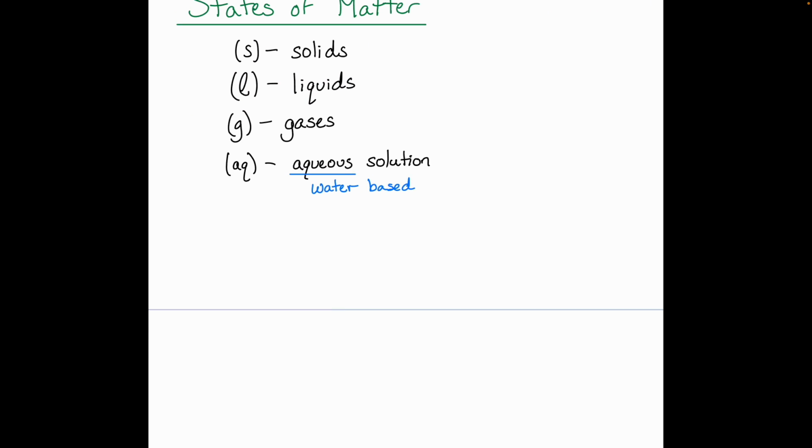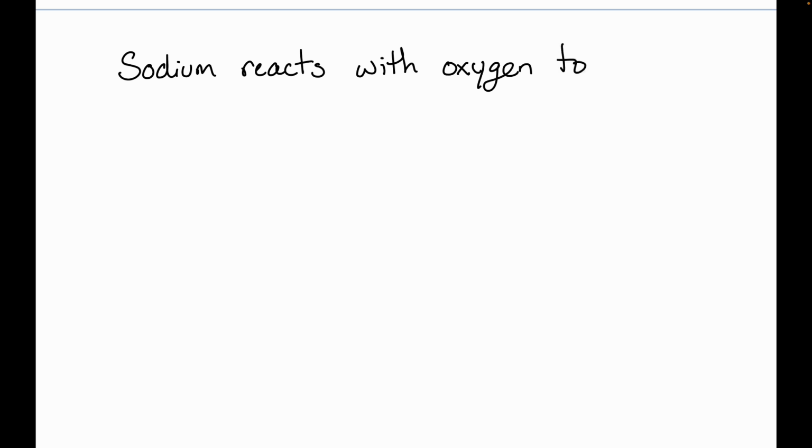Cool. All right, so the first thing we want to be able to do is take a description of a chemical reaction. So for example, sodium reacts with oxygen to form sodium oxide, solid sodium oxide.